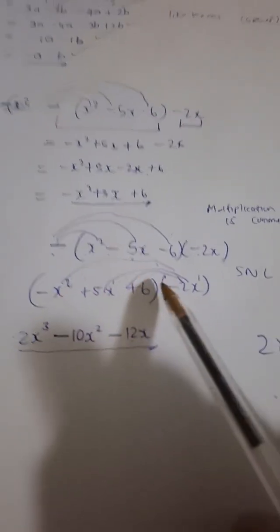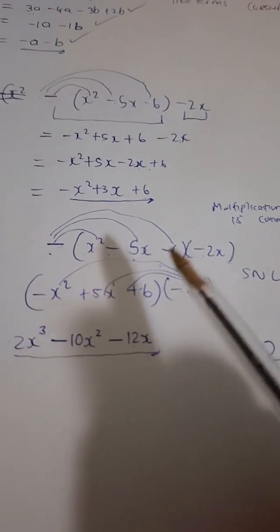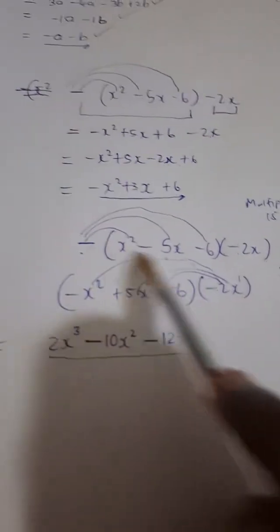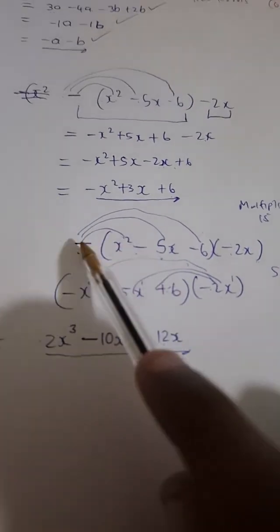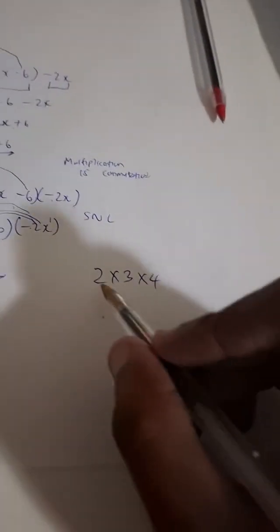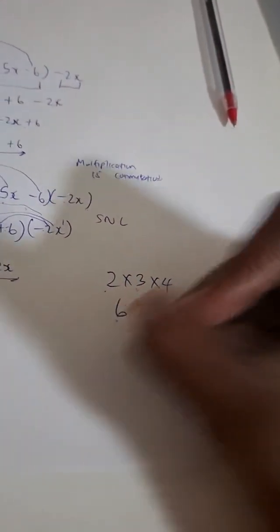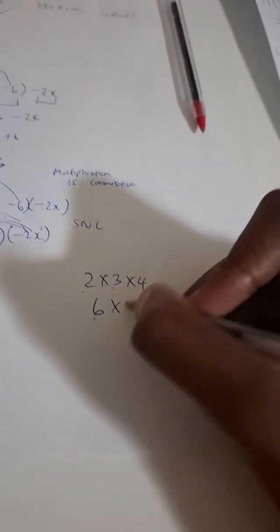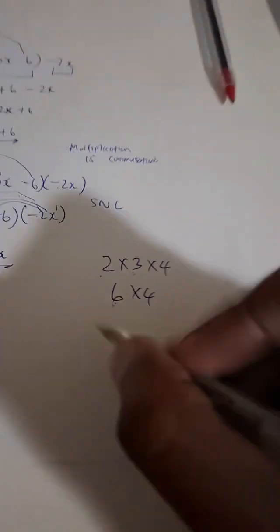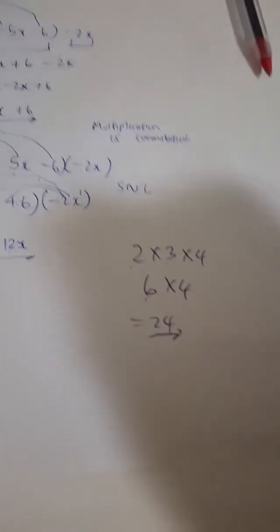And remember, this is negative and this is a bracket. So I'm trying to distribute this negative to just that. This is the same thing as saying 2 times 3. If I say 2 times 3 is 6, and then when I get the 6, I say 6 times 4 is 24.